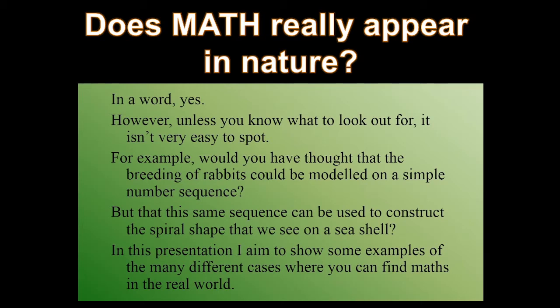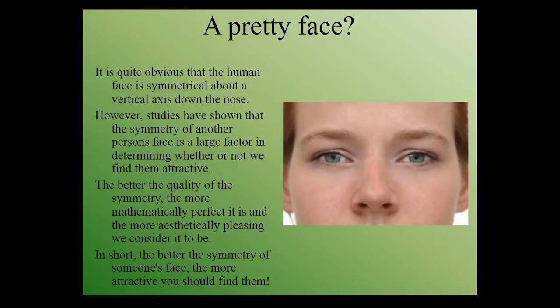But that same sequence can be used to construct the spiral shape that we see on a seashell. These two are examples of Fibonacci sequences. So you can draw a shell or anything that has a Fibonacci sequence.